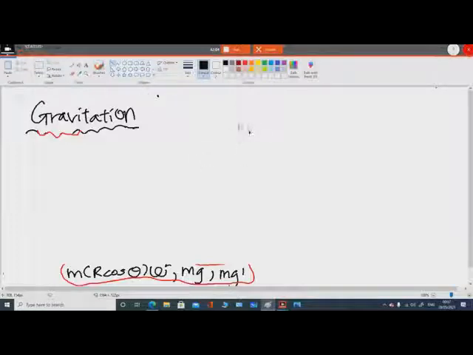The first force is pointing towards the middle of the earth, not the center, only the middle, which is mr cos theta omega square.